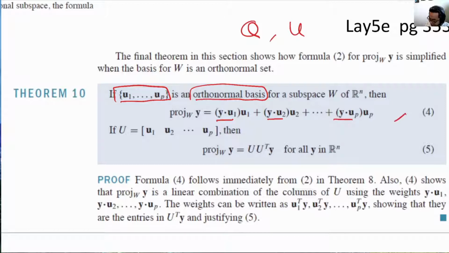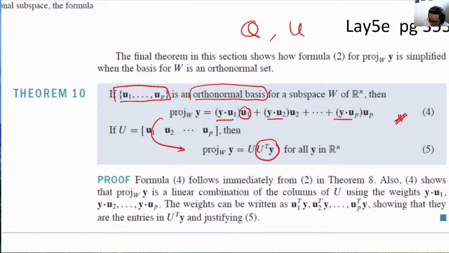But when you look at this equation, if you put u into this matrix as UUT times y, then actually these two equations are identical, because y dot u1 multiplied by the u1 vector is actually UUT.